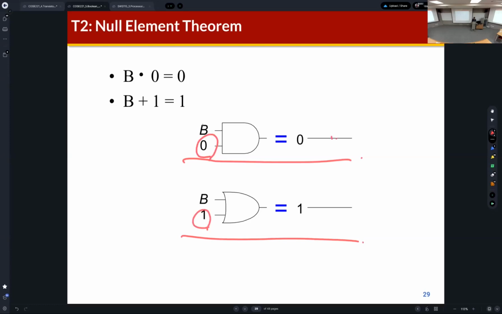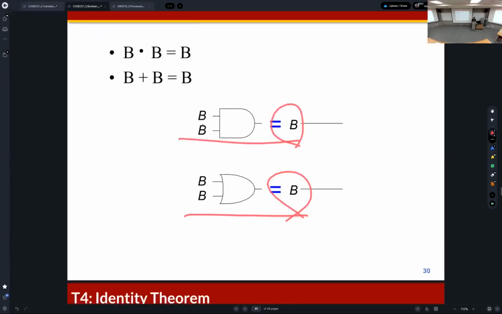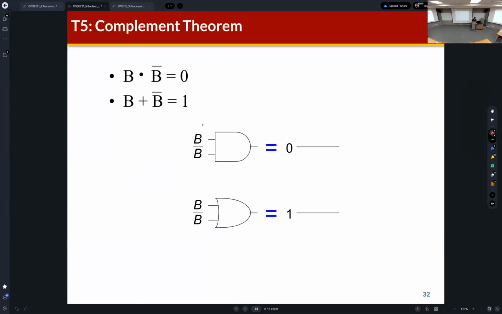If one of the inputs is 1, then the OR gate gives 1. The same, so it's B. And if the NOT gates are connected serially like this, then it's the same as B. Then also this is 0, and this is 1. Okay. Until now, this is very obvious.